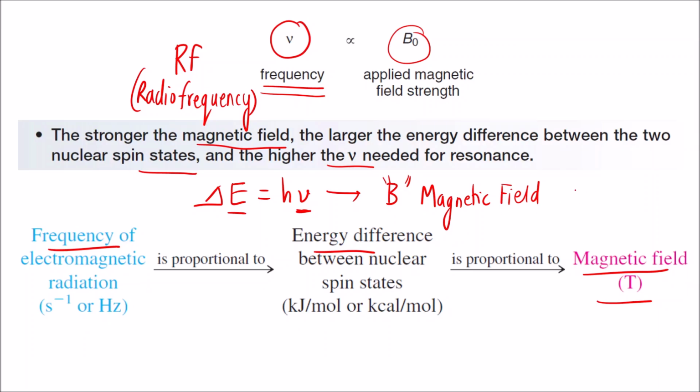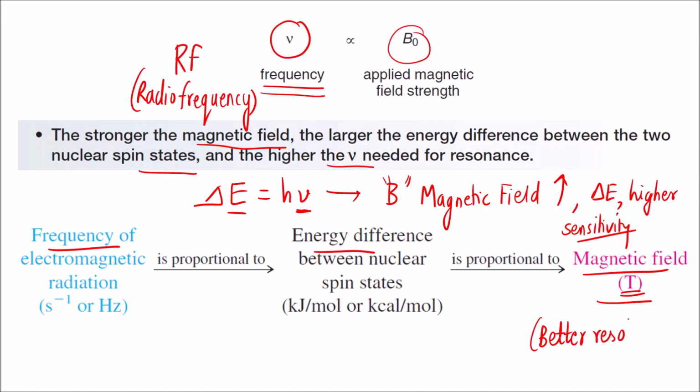So magnetic field is measured in what? It is measured in Tesla. So greater the value of the magnetic field, greater will be the energy difference between the two spin states, and we say higher will be the sensitivity of the instrument. Or we can say we'll get better resolution of the NMR spectrum.